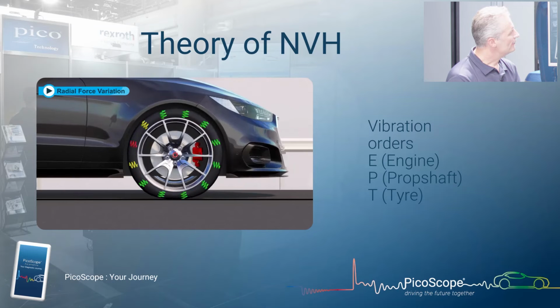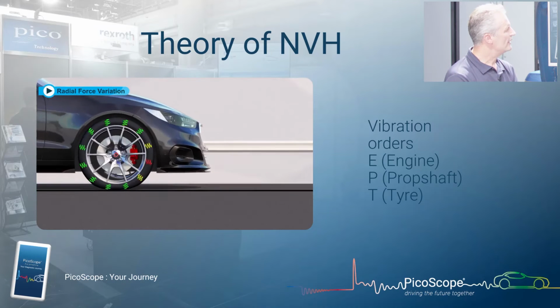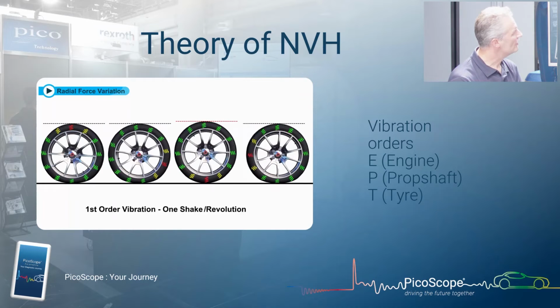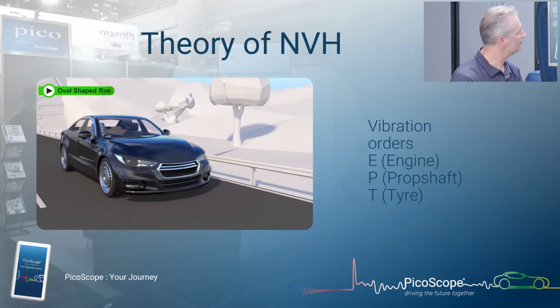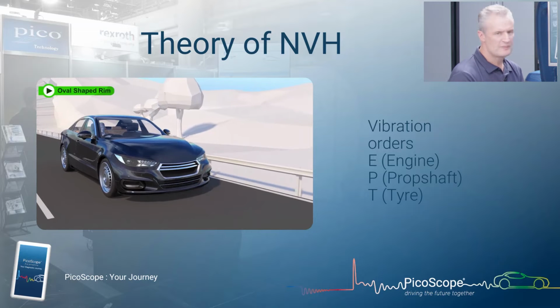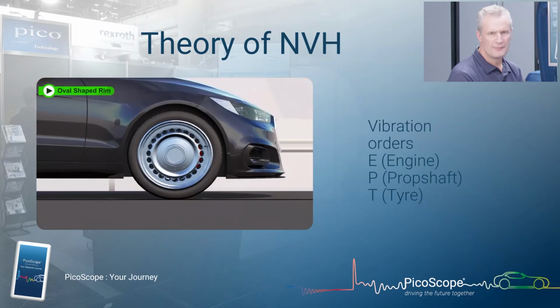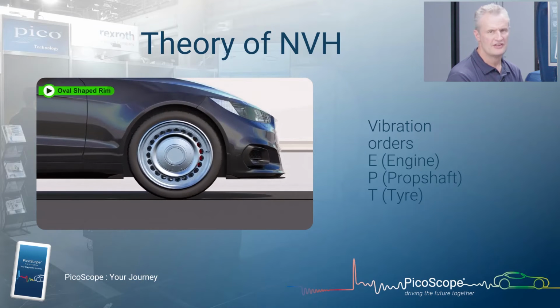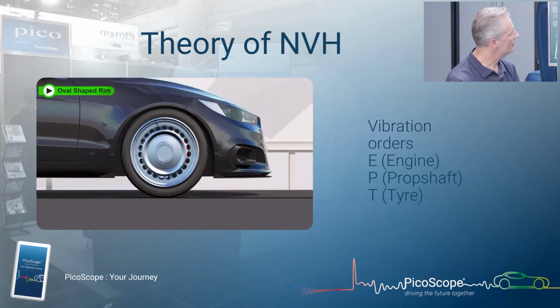Same again, this is radial force variation. This is where we have different spring rates around the circumference of the tyre, and once again 1 disturbance per revolution. Now this must be awful to drive. This is an egg shape, so this is ovality, and if we look at that, notice how many disturbances per 1 revolution of the wheel.